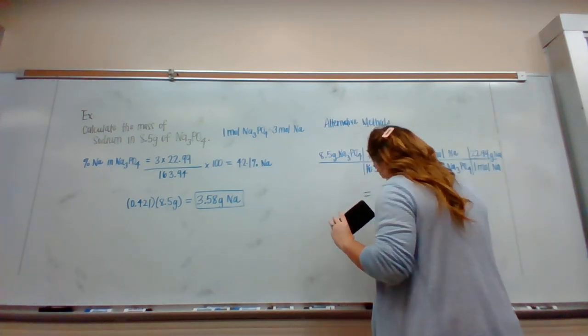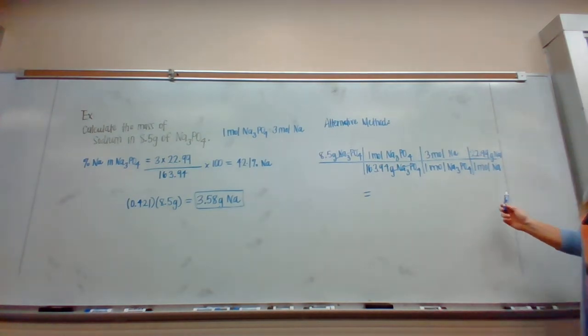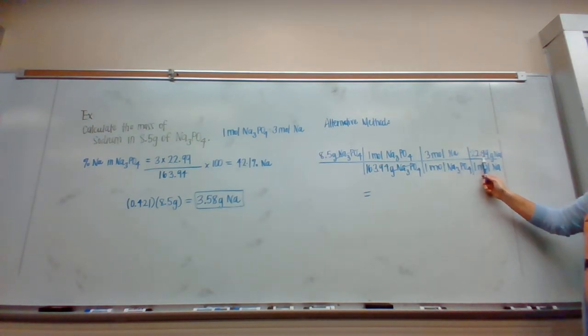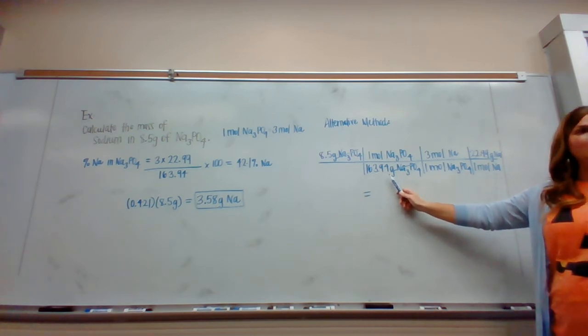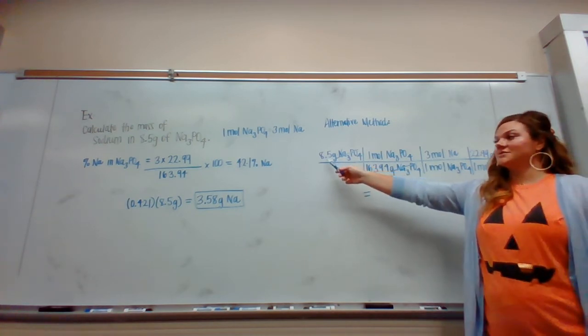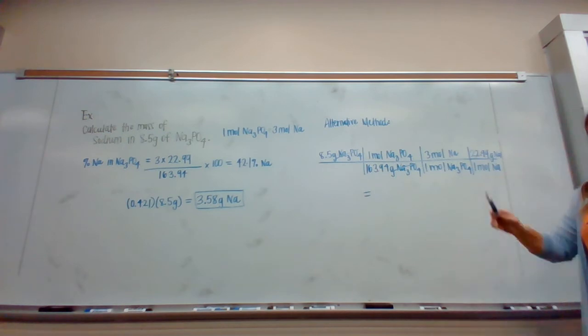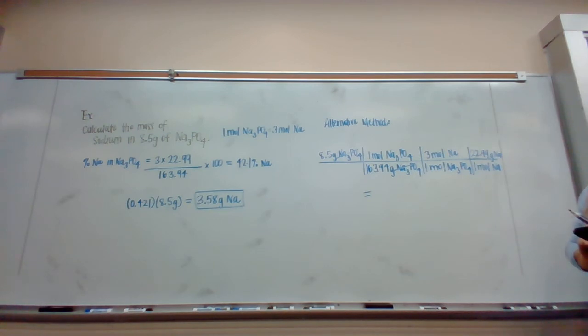That would equal exactly what we did. It's 3 times 22.99 divided by 163.94 times the whole mass of whatever you started with. So it's up to you how you want to work it. But either way, you get the same answer.